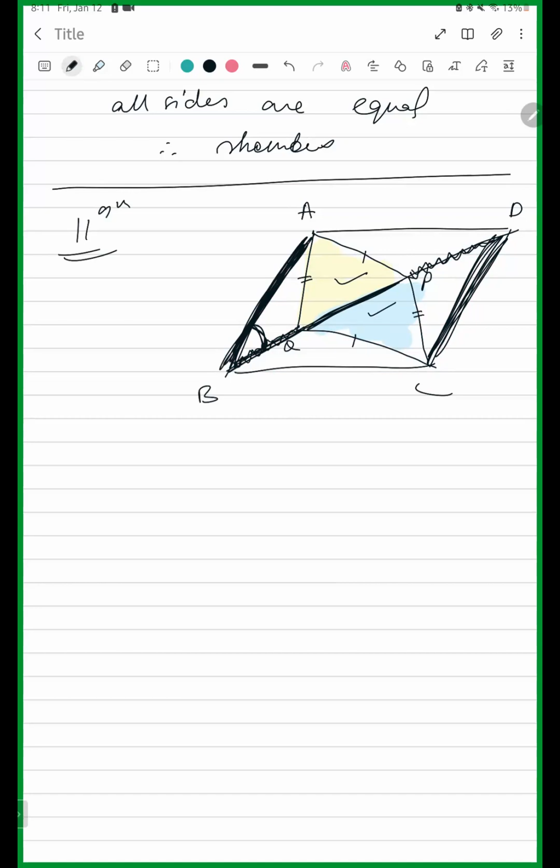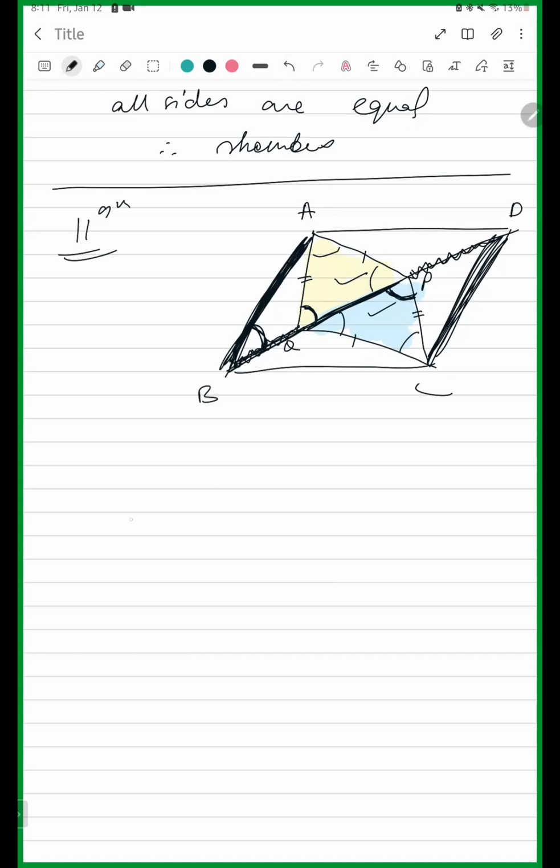Since they are congruent, using CPCT, you have this angle is equal to this angle, and this angle is equal to this angle. And you have this angle is equal to this angle. What is happening here is that if this angle is equal to this angle, these are two alternate interior angles.